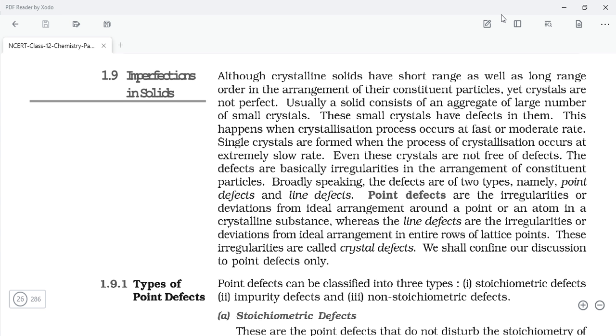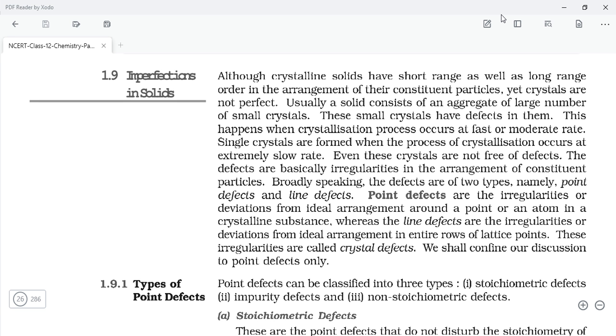Although crystalline solids have short range as well as long range order in the arrangement of their constituent particles, yet crystals are not perfect. Usually a solid consists of an aggregate of large number of small crystals. These small crystals have defects in them.